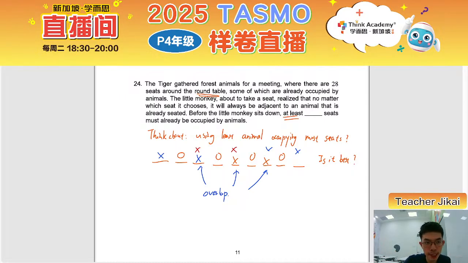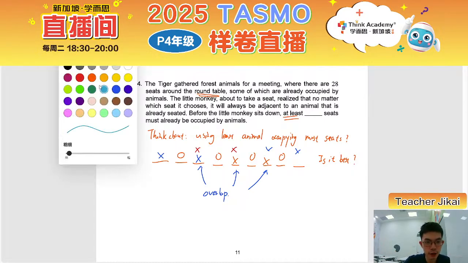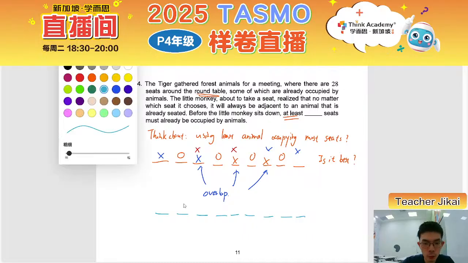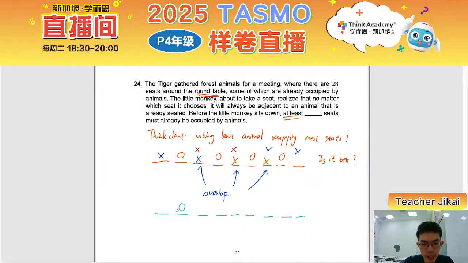So how about another distribution here? For example, we always have 9 seats, so also we have 9 seats here. Why don't we fully use the 2 sides of one animal? For example, we have an animal sitting here, and here are the vacancies. So for now, we make one animal sit a little bit to the right of this seat and this seat.